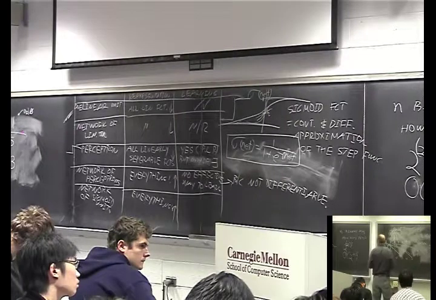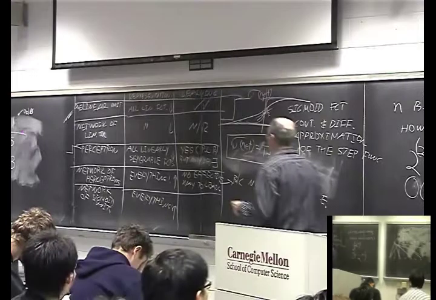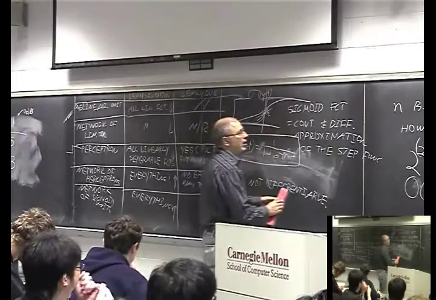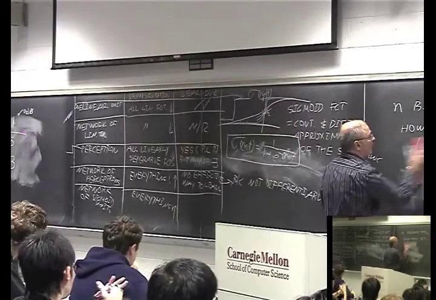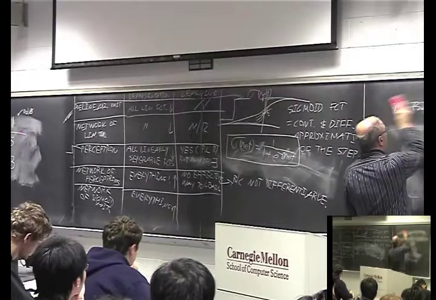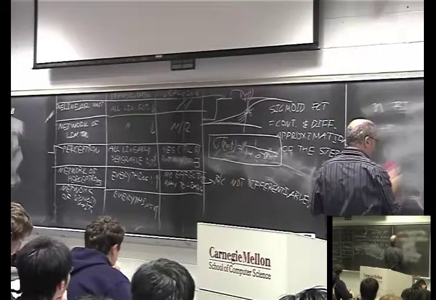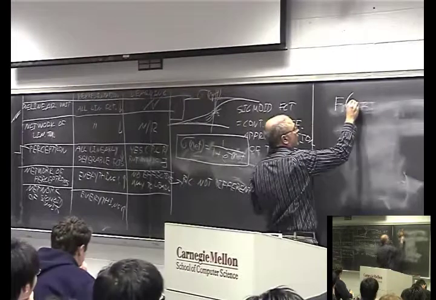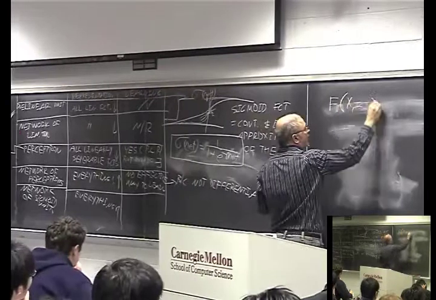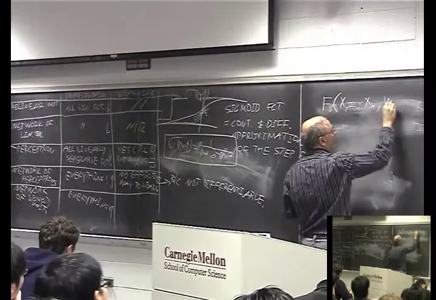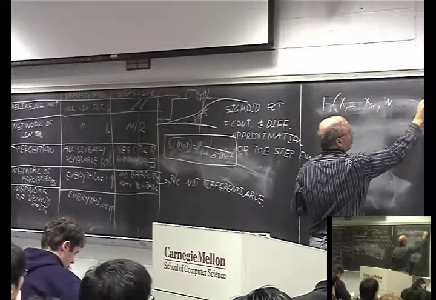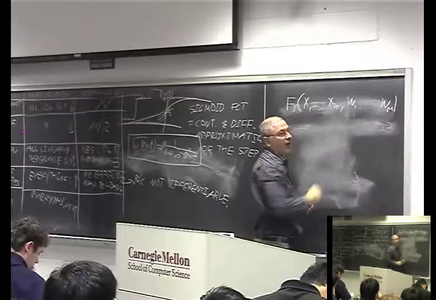So if you represent the output of some network of sigmoids, this is a function of x1 through xn, but also of w1 through wm, where the number of weights can be very large.